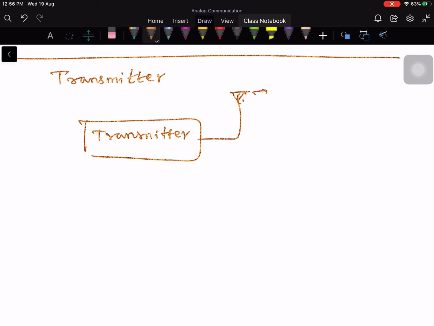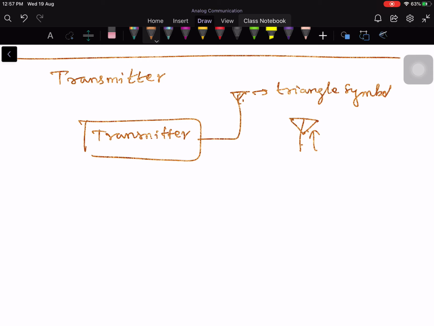The antenna is denoted by a triangular symbol like this. If that is the case, the transmitter has to radiate information into free space. So it essentially means that you have a built-in mechanism, something called an antenna. That antenna radiates. This is a schematic representation of the antenna in a typical communication system block diagram.